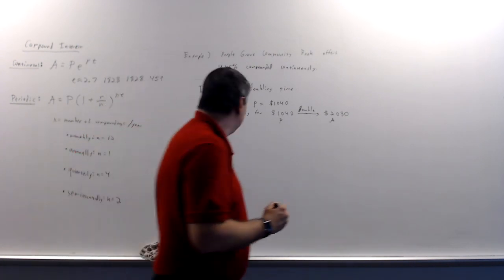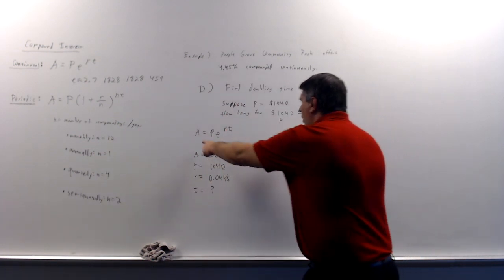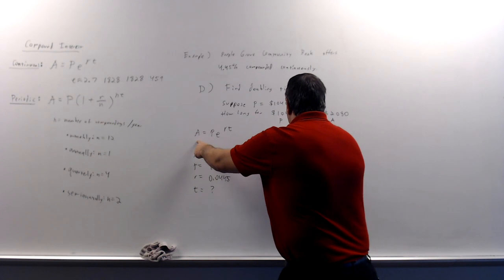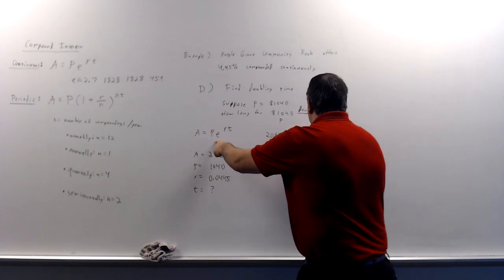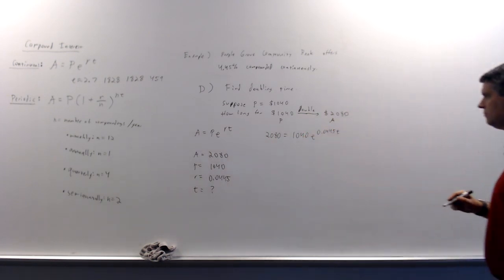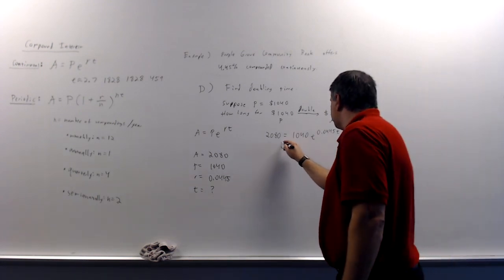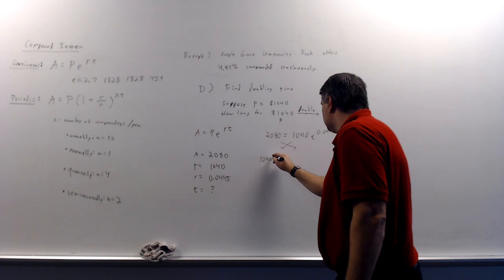That's the question. Okay, so I want to know how long for 2,080 to become equal to 1,040 e to the 0.0445 t power. So I propose to switch the sides and divide.